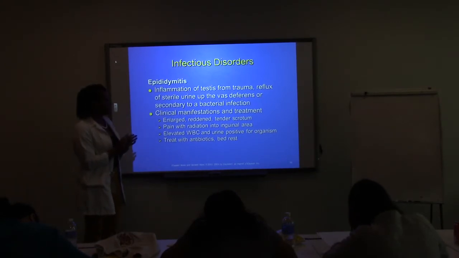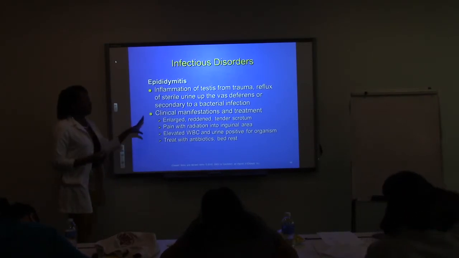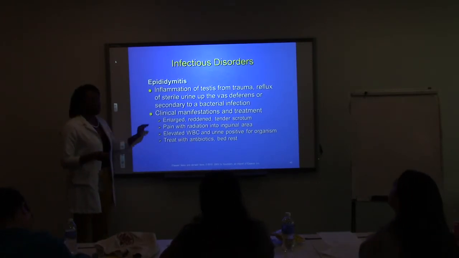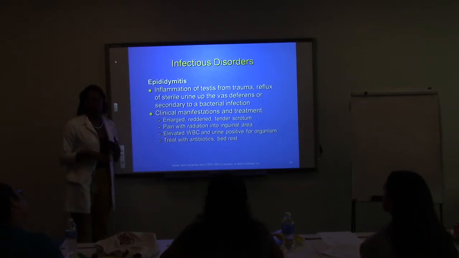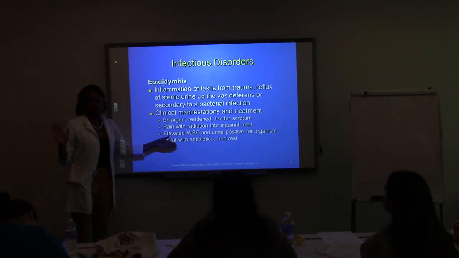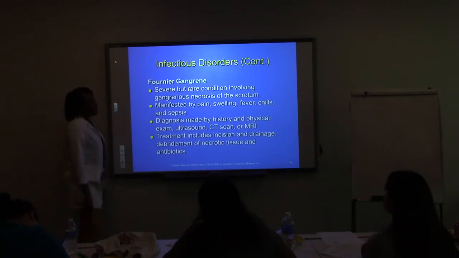Clinical manifestations: the scrotum will be large, red, tender. On urinalysis, you will see elevated white blood cells, and the urine test will be positive for the organism that they're infected with. It's very easy to treat, give them antibiotics, because this is most of the time a bacterial infection.